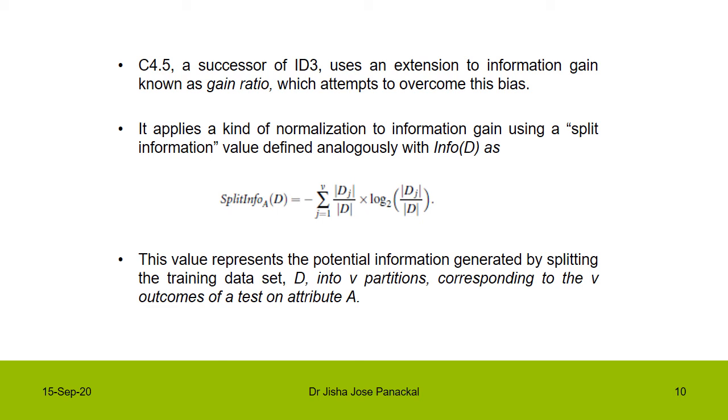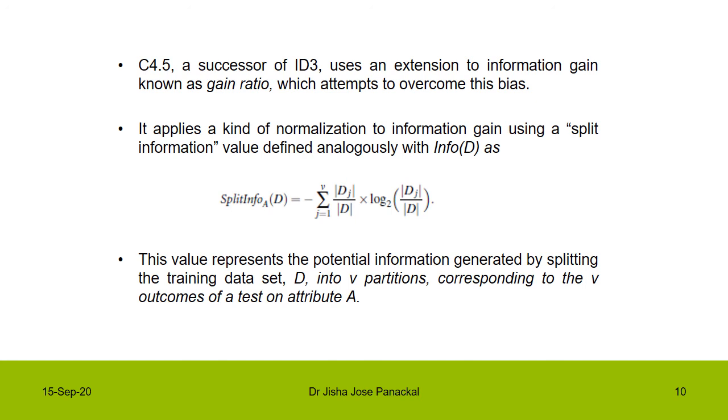This is the equation for calculating the gain ratio. The C4.5 algorithm, which is the successor of ID3, uses this gain ratio measure, which overcomes the disadvantage that comes with the ID3 algorithm.